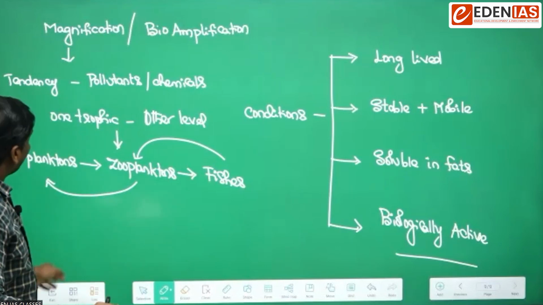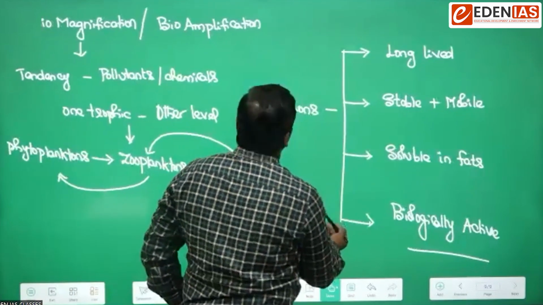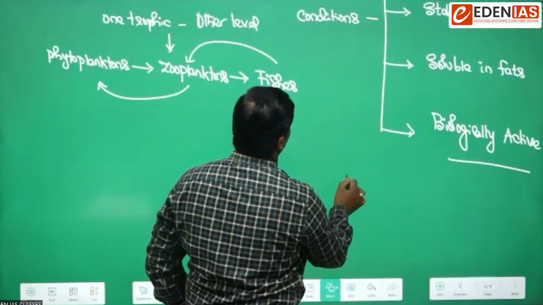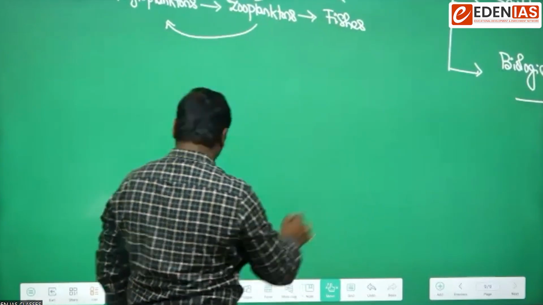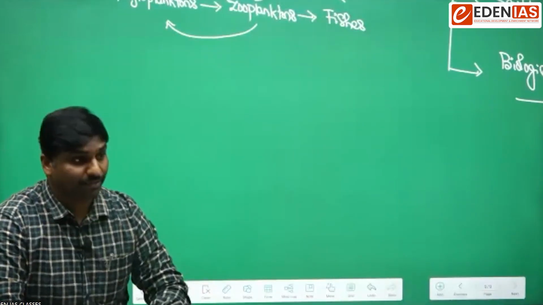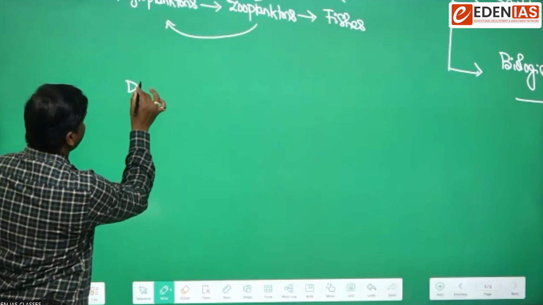So if you look from this point of view, can you name some common examples of chemicals that have the ability to become biomagnified? Yes, very good. One common example is DDT.